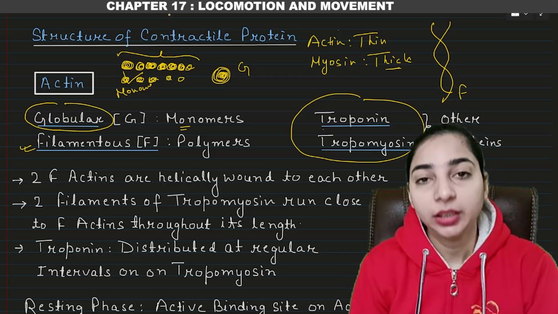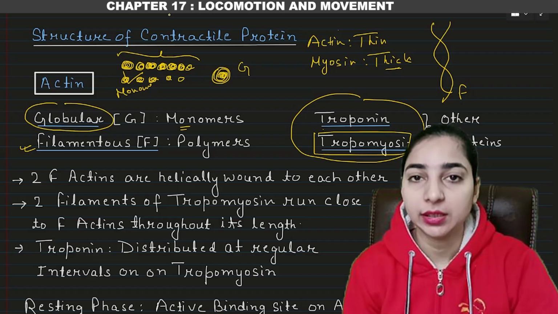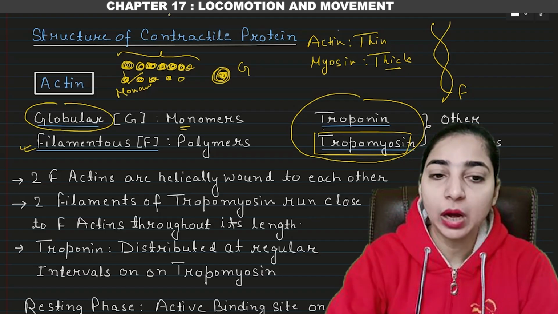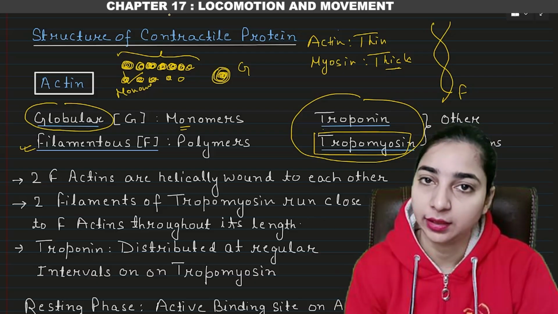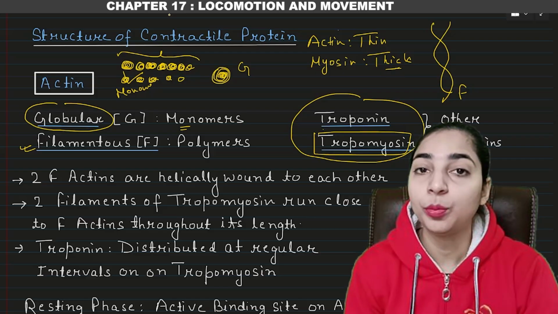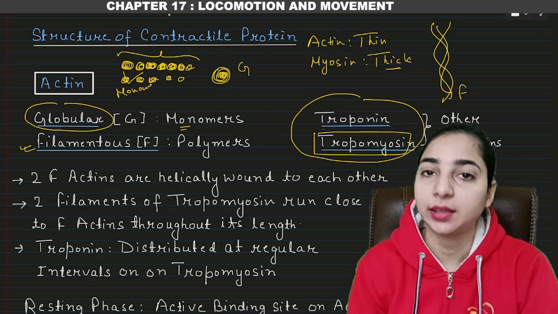And then there is another protein called tropomyosin, which is also filamentous. It is also like a filament. So it will again move throughout the length of the filamentous actin. So there will be an additional protein called tropomyosin, which will run parallel to the F actin.